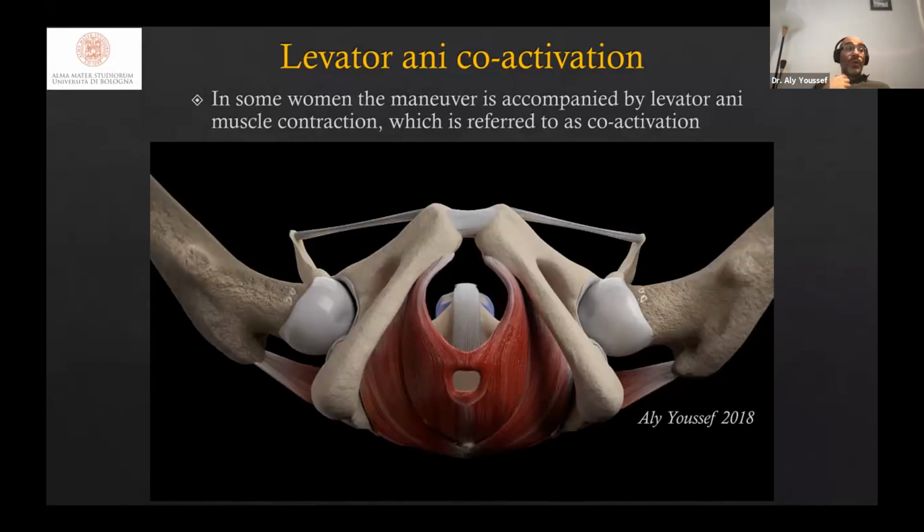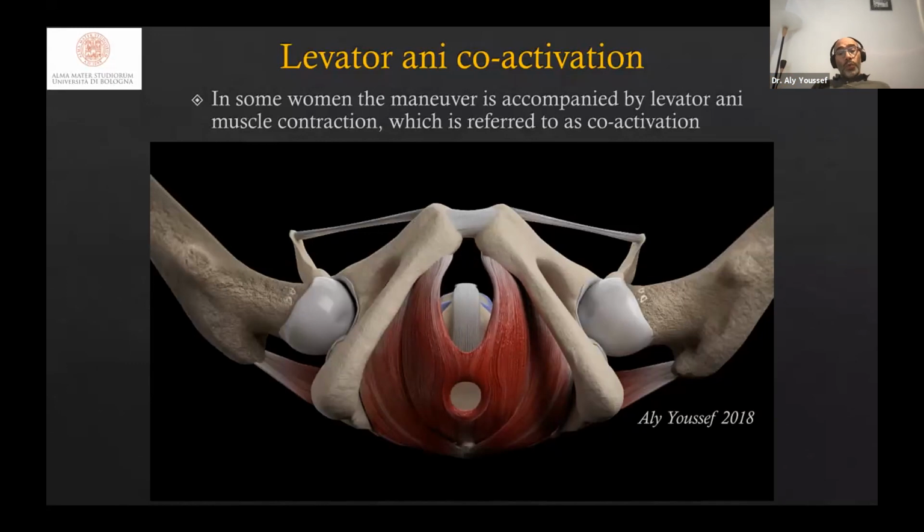So women who have smaller hiatal dimensions tend to push for a longer period in comparison with women who have a larger pelvic floor diameters. All our studies were conducted on nulliparous women, so women who are about to get their first vaginal delivery.